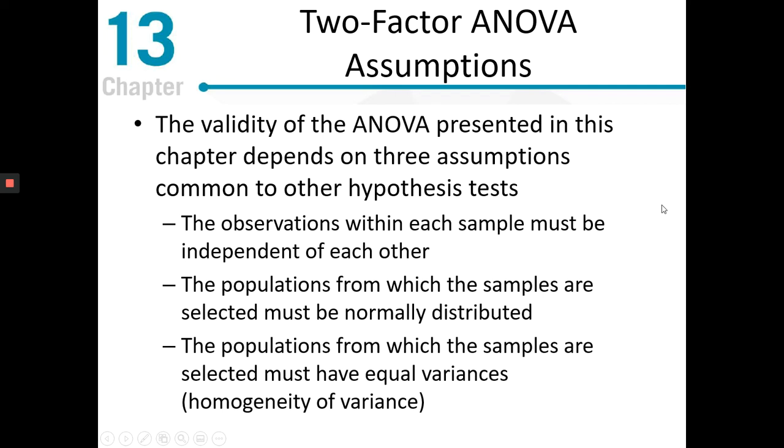And there's tests for this, but we aren't going to do it because they're pretty complex, and we want to keep it simple and straightforward in this class. And then we have this homogeneity of variance. When we're looking at our different variables, red, green, blue, those groups should have roughly equal variances in terms of how they differ on attraction.